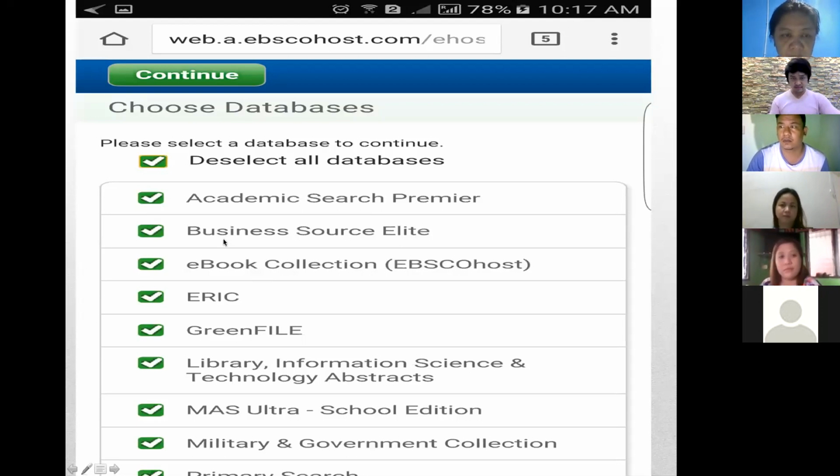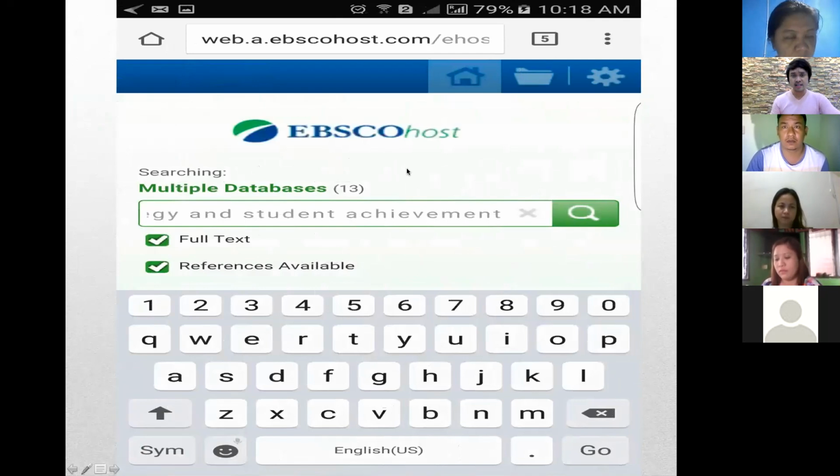Alright? After selecting all databases, you click continue. And then after that, you will be led to this page wherein you're going to input your IV and DV. Alright? Ano mauuna? IV, DV? IV muna.